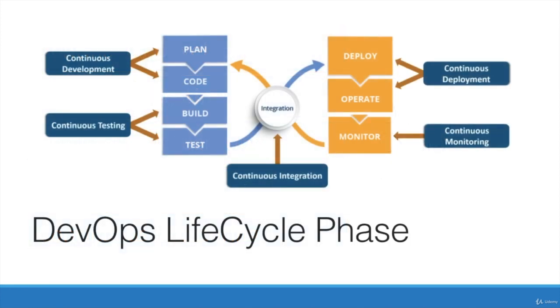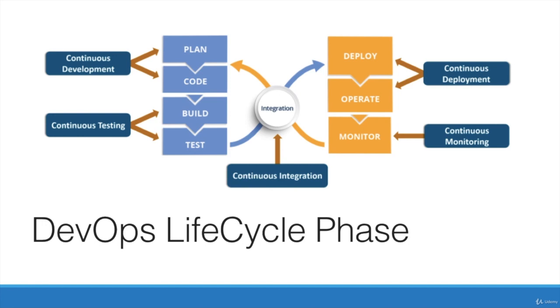To understand continuous development in a detailed way, I have divided these DevOps lifecycle phases into tasks. Planning and coding are part of continuous development, right? Build and test are part of continuous testing. After the test, we will integrate the tested build with the existing code.